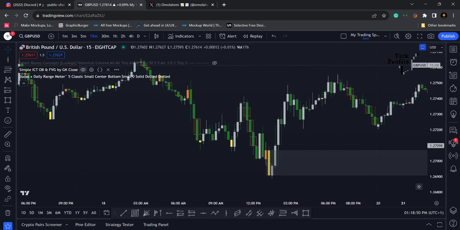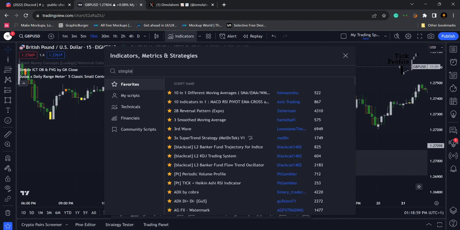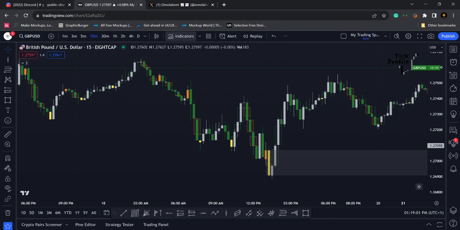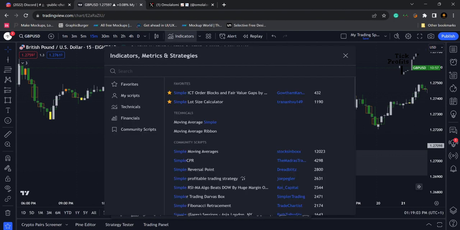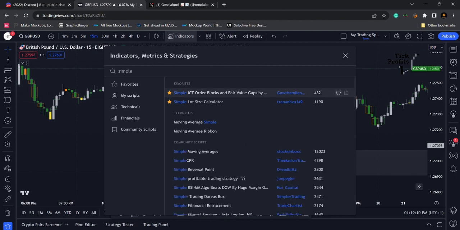simple ICT. Let me just type it out. Simple ICT order blocks and fair value gaps by Goham Khan.